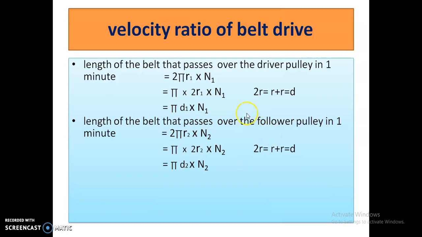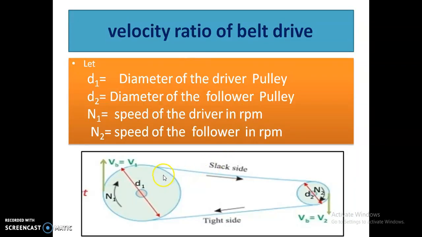Next, once again observe the diagram. Whenever the belt passes over the driver pulley and driven pulley, the lower side of the belt will be in tight position, and the upper side of the belt will be in slack position, that is, in loose position.